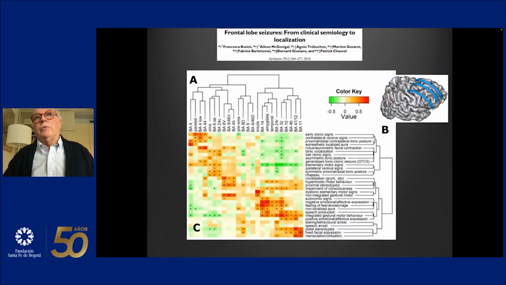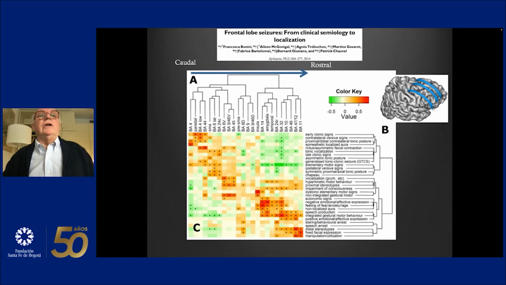That's the work we did years later, to show that if you want to understand the frontal seizures, there is no homunculus. So the only way to categorize was to apply a clustering method to the areas where the discharges were recorded, and also to the different signs and symptoms, which we could group according to their associations.